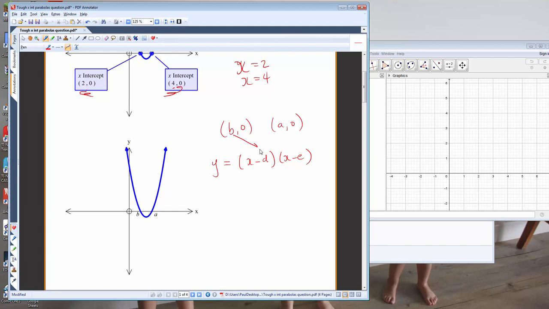As with last time, pop that in there, (x - b)(x - a). X-intercepts occur when y is 0, so let's apply the null factor law: x equals b, x equals a. That checks out totally.